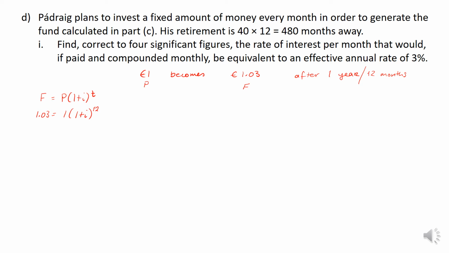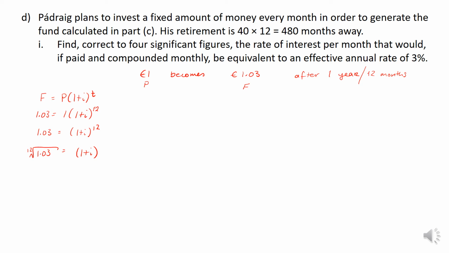So we can divide both sides by 1 just to make it look a little simpler, and we get 1 plus I to the power of 12. Now to isolate that bracket, to just have 1 plus I, we can get what's known as the 12th root of both sides. That will give me just 1 plus I, so that's getting the 12th root of both sides.